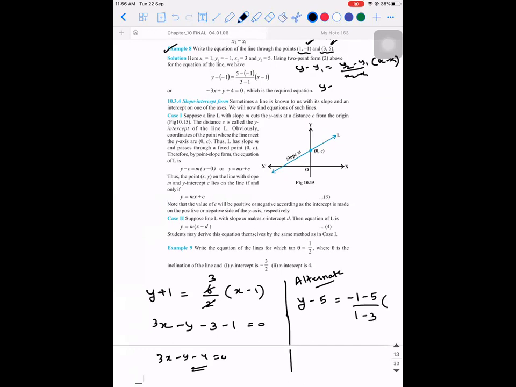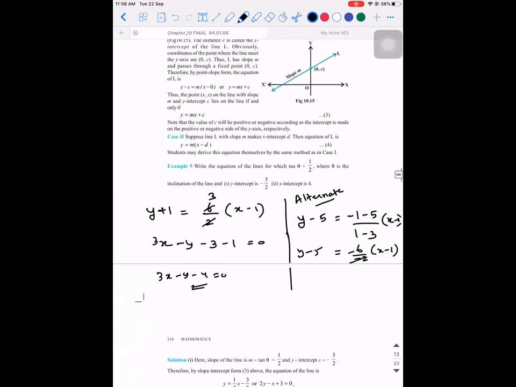Into x minus 1. So it is minus 6 divided by minus 2 into x minus 1. Correct? So y minus 5 will be equal to 3x minus 3. Rearranging the equation, 3x minus y plus 2 is equal to 0. Is there any mistake? You should get the same answer.